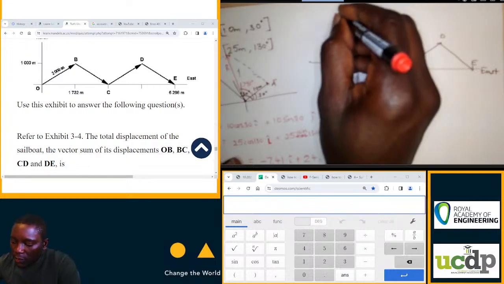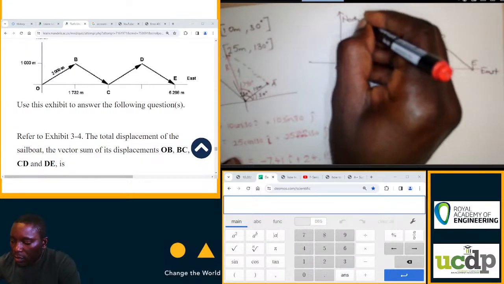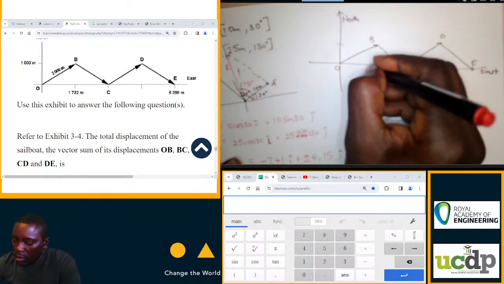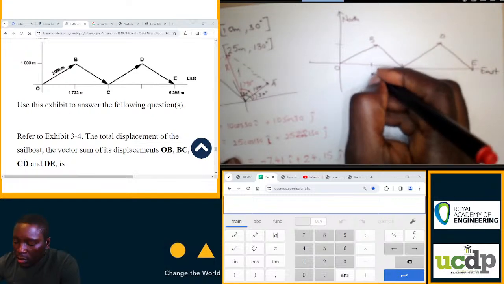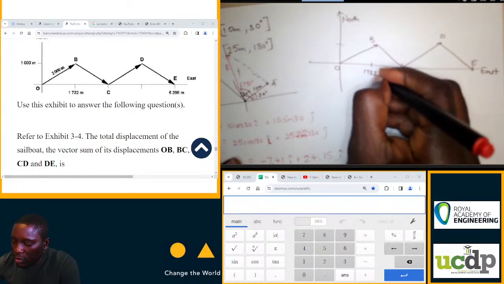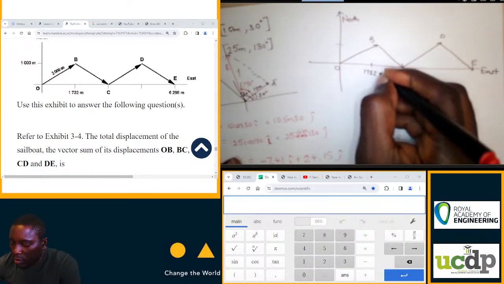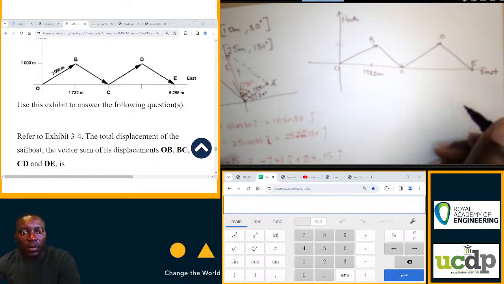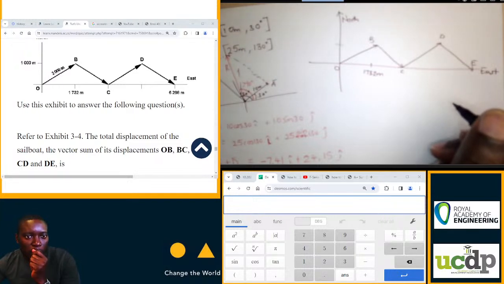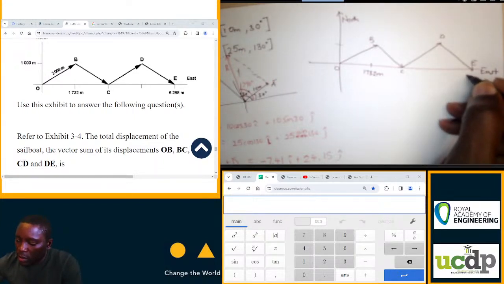And definitely north. And this, we're told that point is 1732 meters. And this one is 6298.